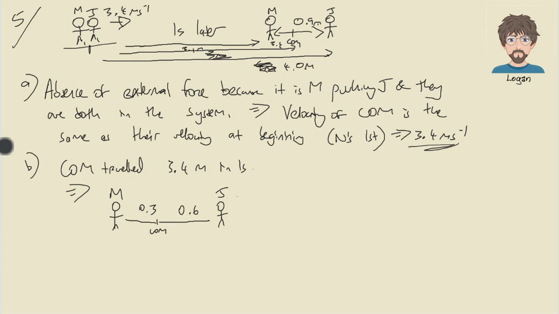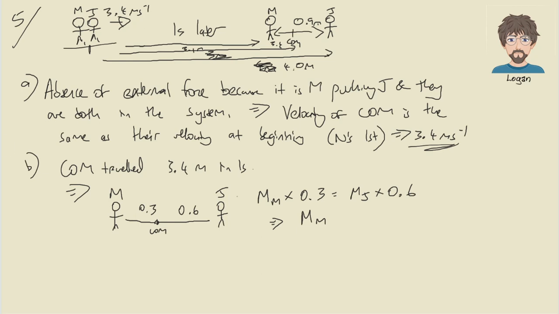Well, here we go. We've got the classic m times the distance to the centre of mass, 0.3 equals mj times 0.6, and we do our thing. I think in this case we're going to get a ratio.